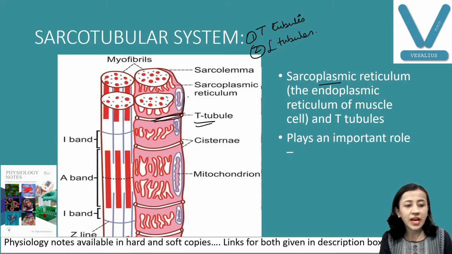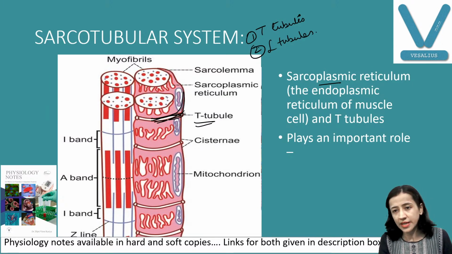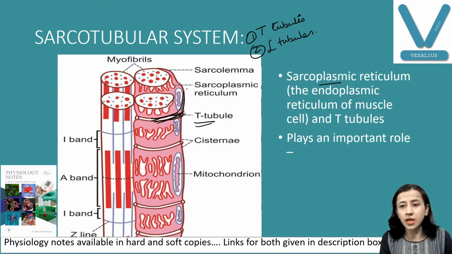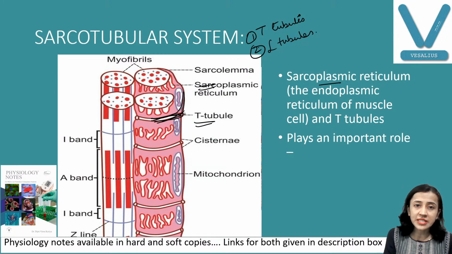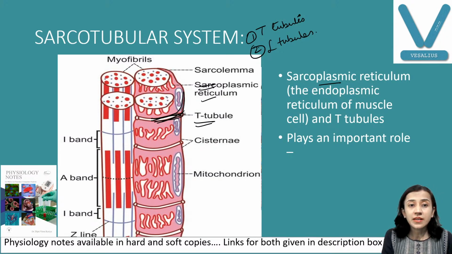Okay, so along with the sarcolemma, you can see the action potential also enters the muscle fiber through this T-tubule. Fine. And near this T-tubule, we have the sarcoplasmic reticulum here, this one. The end part of the sarcoplasmic reticulum is expanded here, which is known as the terminal cistern.